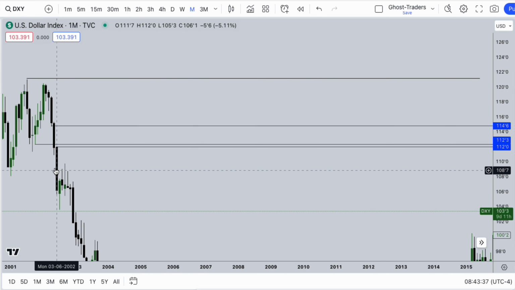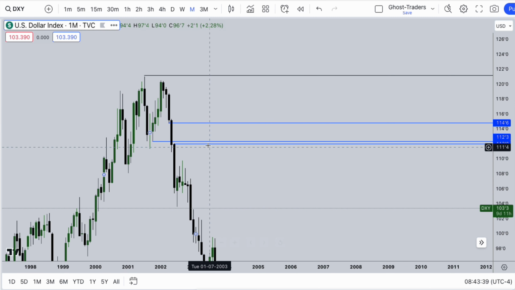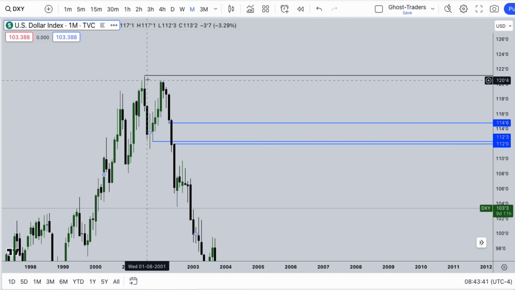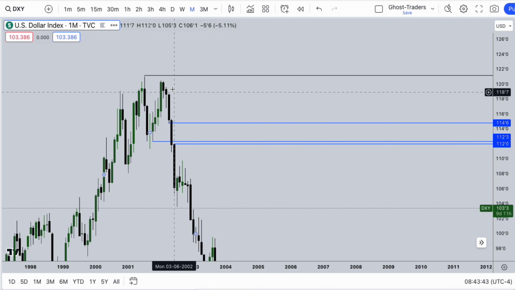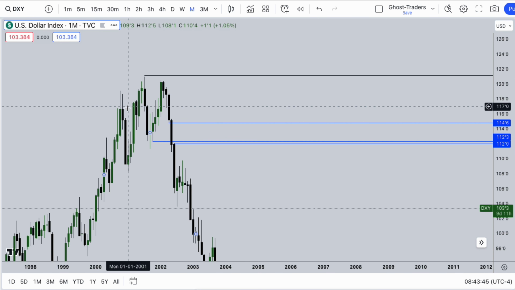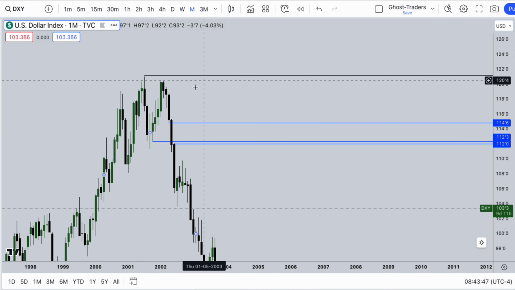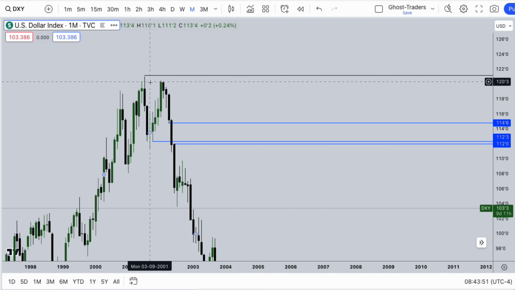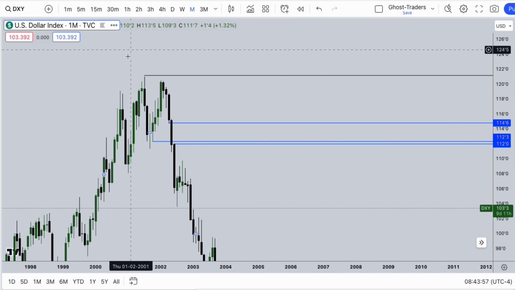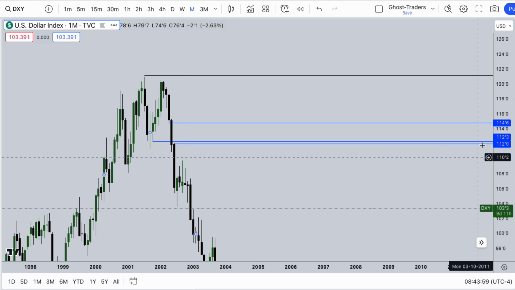So price gets to that level. Since price closed this fair value gap, it failed to take out this high here. We can't say that our price is bullish. Because for price to be bullish, we need this major swing high here to be taken out. If this swing high here is taken out, we're gonna say what? Price is bullish. But now we can't say that.